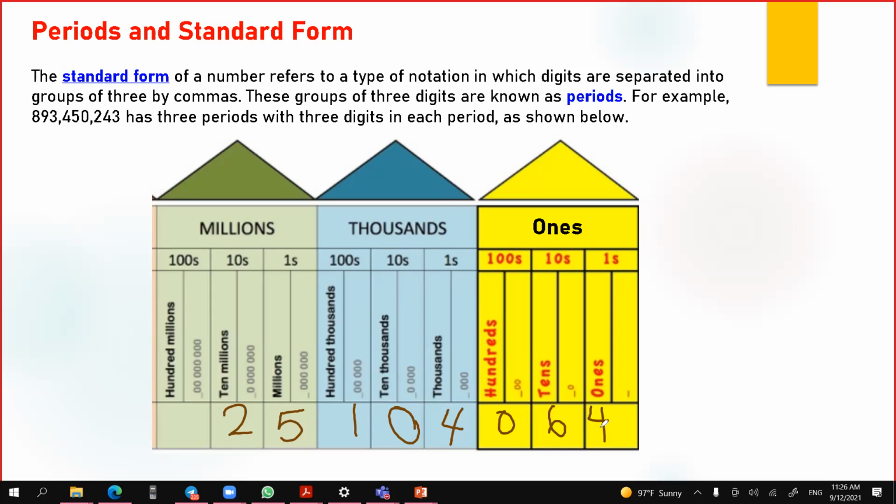That's it? 25 millions, 104,064. Stop. This is how I will read the number.